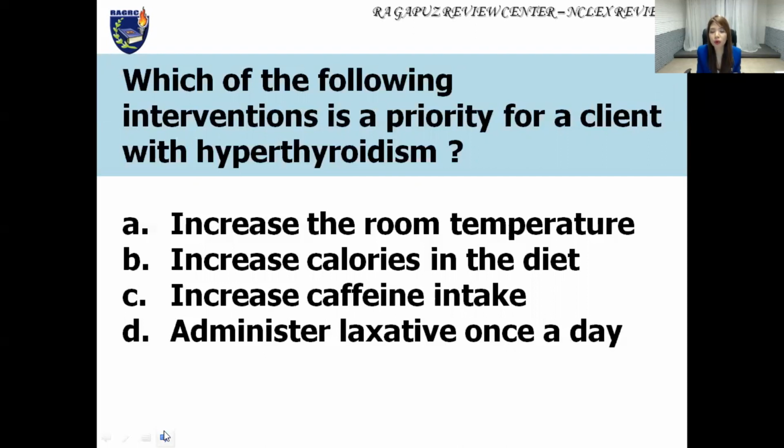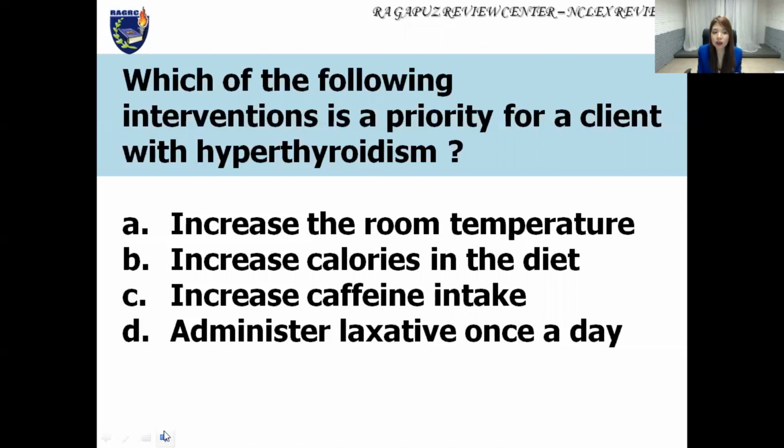It can all the more increase the diaphoresis. Same with letter D, administer laxative once a day, it can all the more contribute to the underlying diarrhea and weight loss of the client. Also, remove letter C, increase caffeine intake, because your client with a hypermetabolic state is already presenting insomnia.